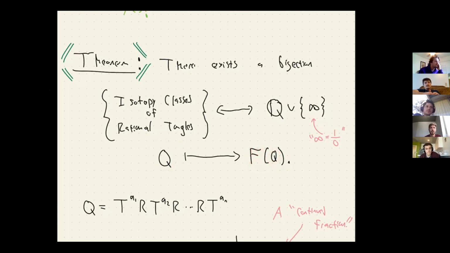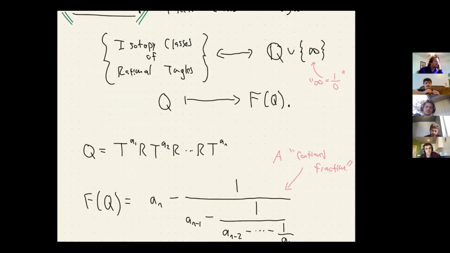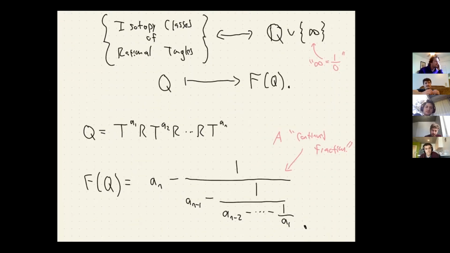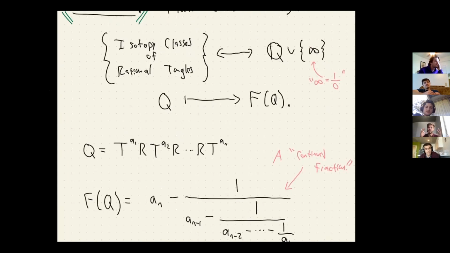Something which I won't talk about too much now, but you can see this is a glimpse into how this fraction gets associated to this tangle. And it's via a continued fraction representation. So if Q can be obtained from the unknot by this sequence of twists and rotations, and you can think that I never have an exponent on my rotation because if I do 2 rotations, that really doesn't do anything to the tangle.